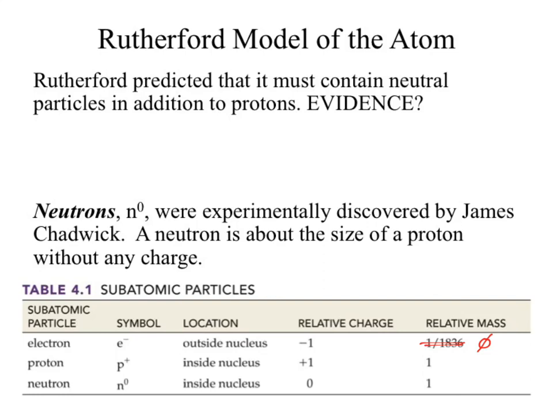Superscript on the right-hand side of our symbol. Charge throughout the rest of your chemistry career will always show up in the upper right-hand corner. Always. So we now have these basic pieces that we can then put together into making larger elements.